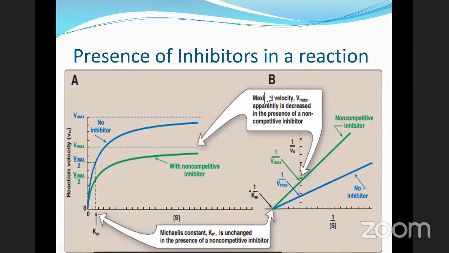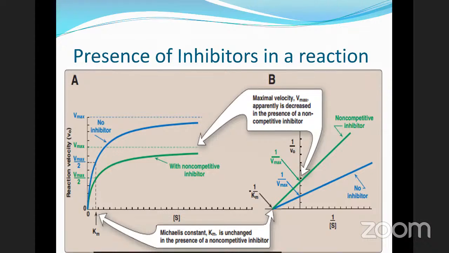For non-competitive, what is affected would be your Vmax, which is decreased in the presence of a non-competitive inhibitor. Your Michaelis constant is unchanged in the presence of your non-competitive inhibitor.